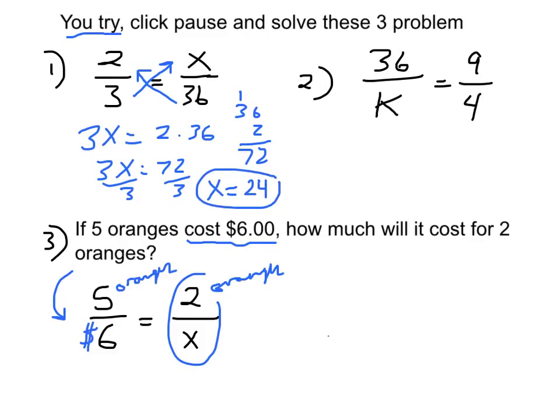Number 2, find the cross products. 9k equals 4 times 36. 36 times 4 is 30 times 4 is 120 plus 6 times 4, which is 24, so 144.